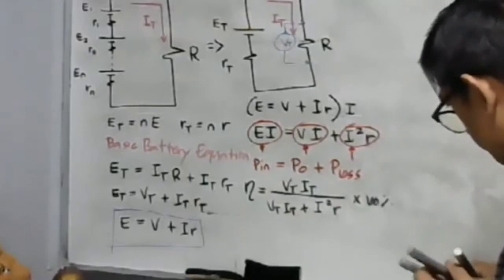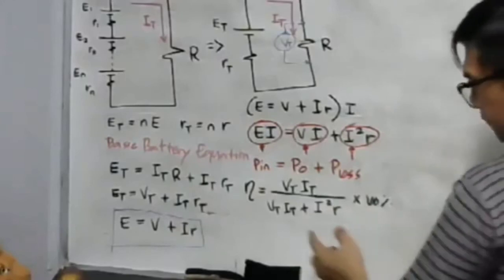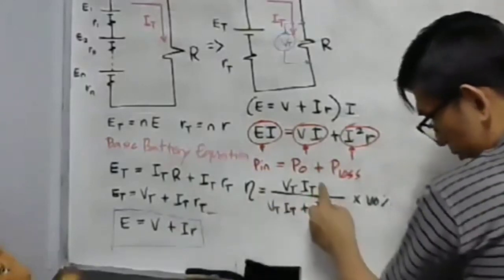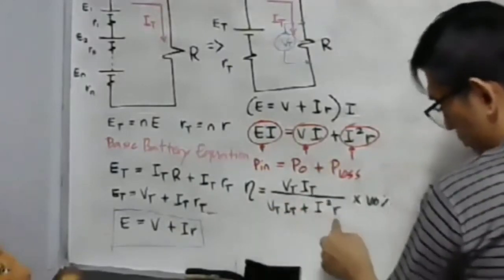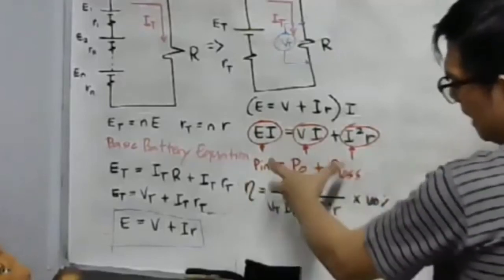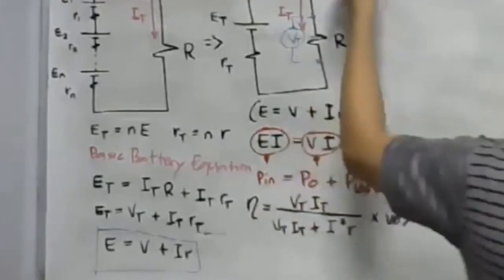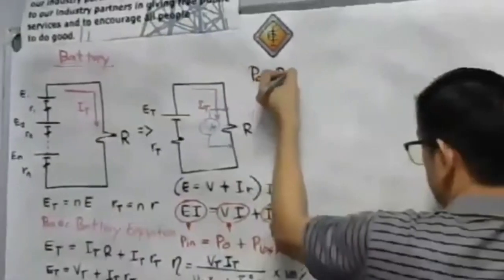So that is our formula: the power output over the power output plus the power losses. Actually, you don't have to memorize this. Remember that the power output is equal to the power of the load. That's always.